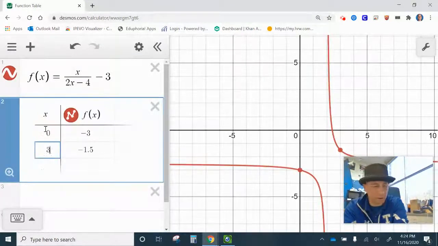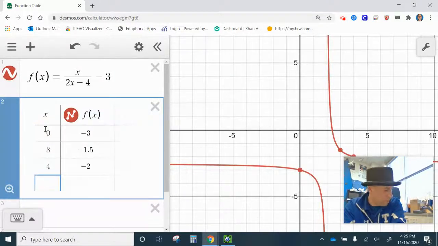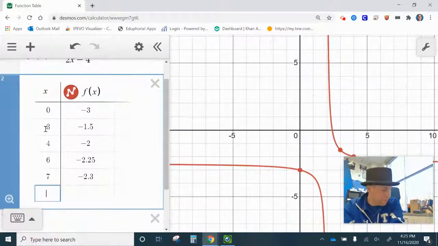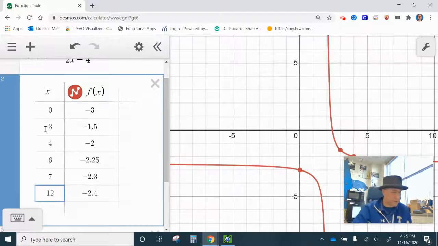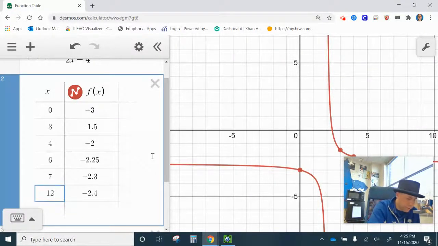So 0, 3, 4, 6, 7, and 12. Now, it says round to the nearest tenth. So, that's going to be 0, negative 3, negative 1.5, negative 2. That'd be negative 2.3 for rounding to the tenths. Okay. The 5 rounds the 2 up to a 3. So negative 2.3 and then negative 2.4.